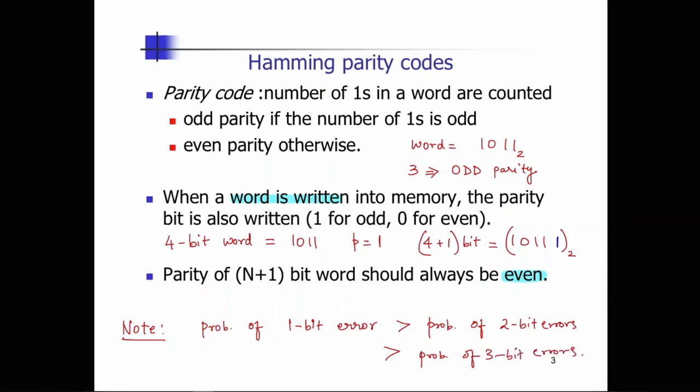So if we have a process to attack the highest chance here, which is the 1-bit error, then we are going to be okay.